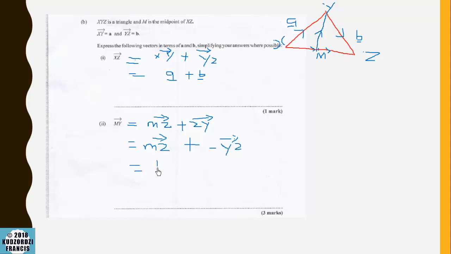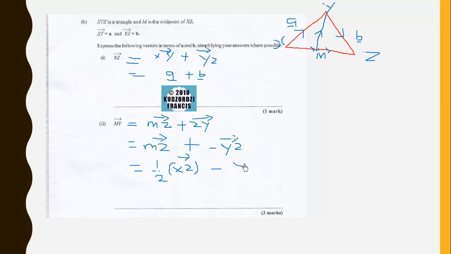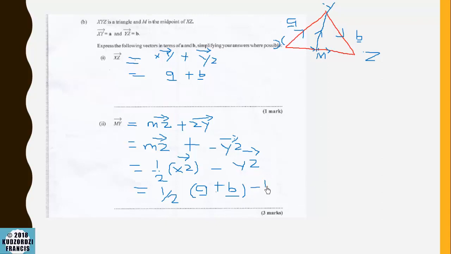MZ is also half of XZ. So we sub in A and B. 1/2 (A plus B) minus B. So we simplify this.